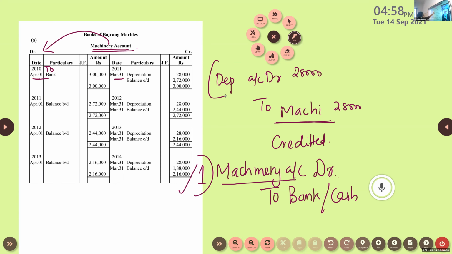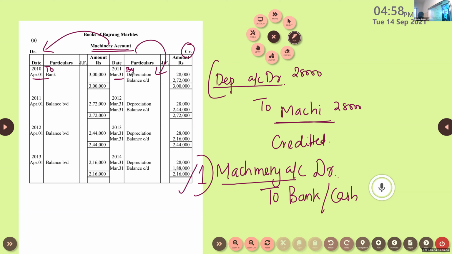Depreciation account debtor to machinery. So what is happening in machinery? Machinery is credited. So come to the credit side and write by depreciation, 28,000.